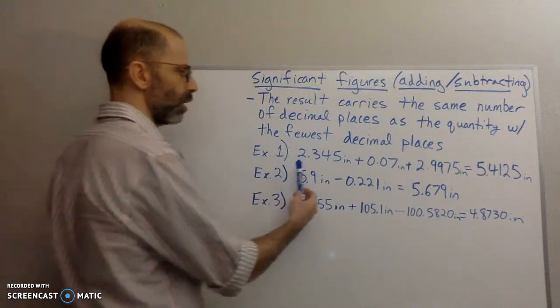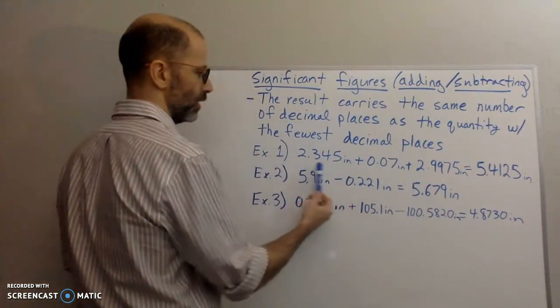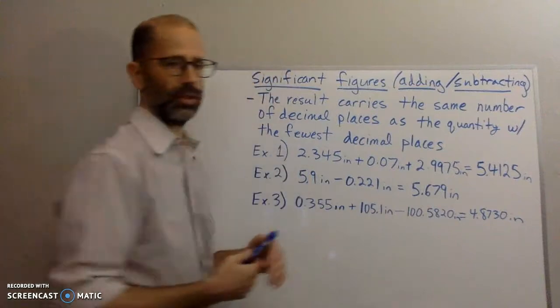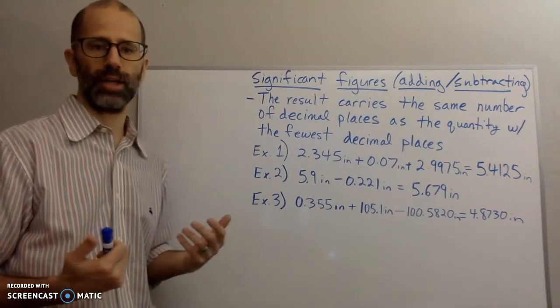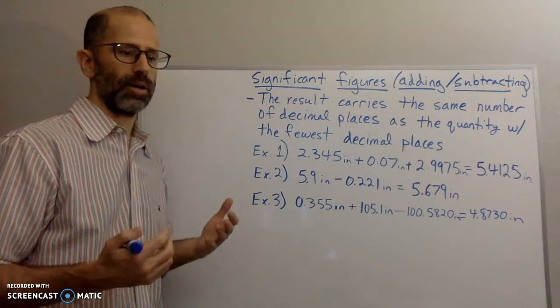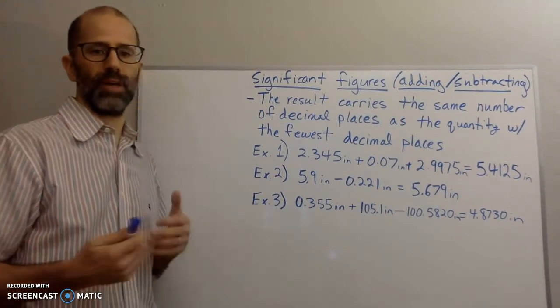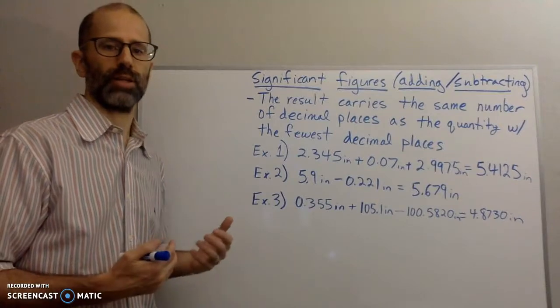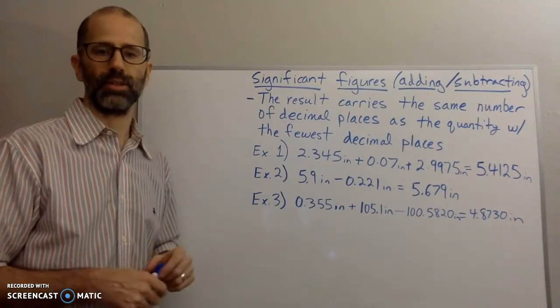So here you have these three measures, and you're going to add them together. Now, you can use your calculator. These types of problems are not testing you on your ability to add numbers or subtract numbers together. You can use a calculator to do that.